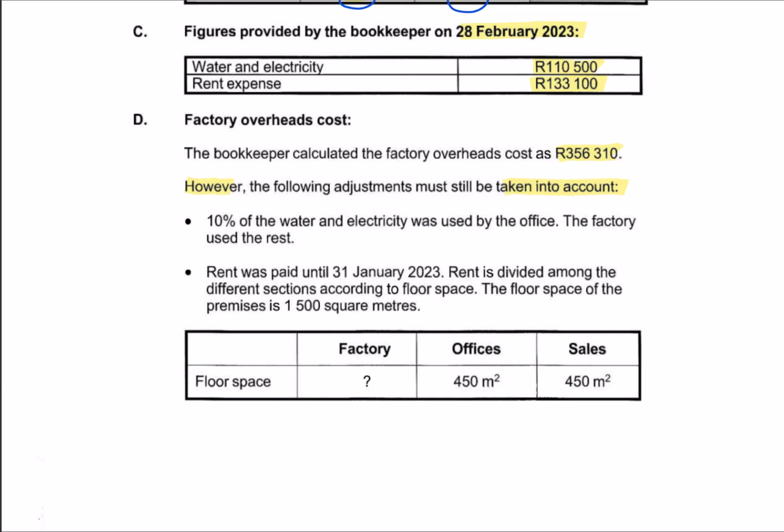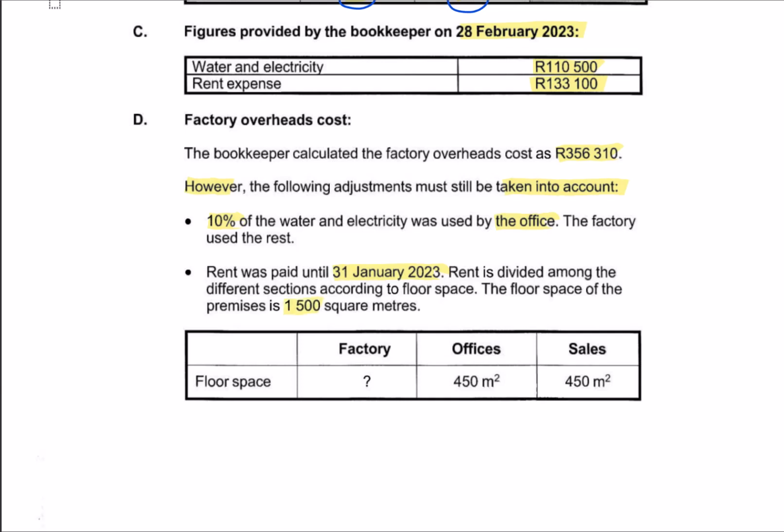Right, so 10% of the water and electricity was used by the office. Right, the factory used the rest. Then rent was paid until 31 January. Rent is divided among the different sections according to the floor space. The floor space for the premises is 1,500 square meters.